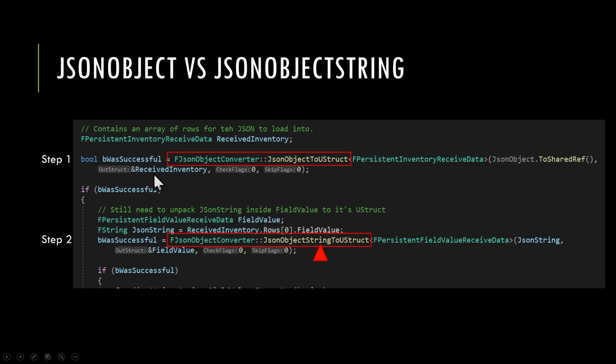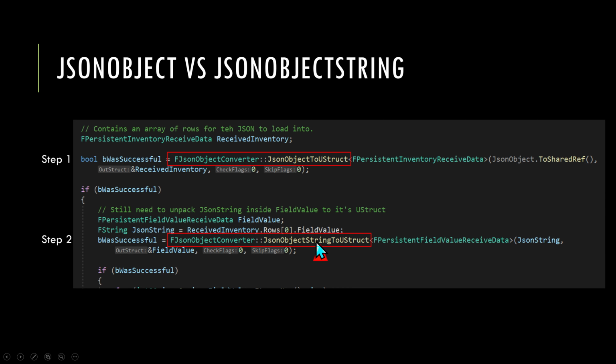If that was successful, I'm then using the JSON object string. There's a slight difference between this signature and this signature. I'm then going to use the string to pull my field values out of an actual string. So I create the JSON string by taking the field value, the string that was in my received inventory. For readability, I just make a new variable here for that and pass that variable in to the function.